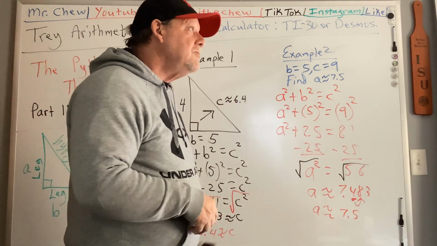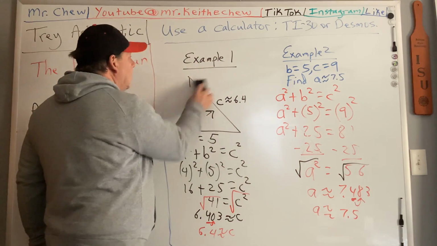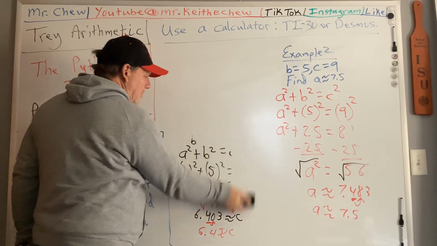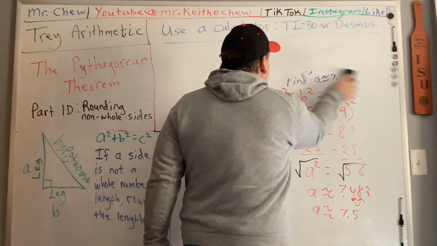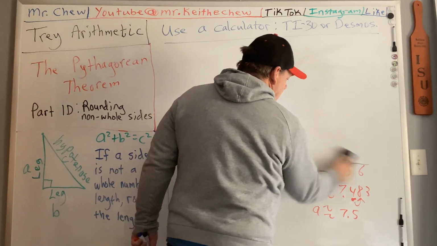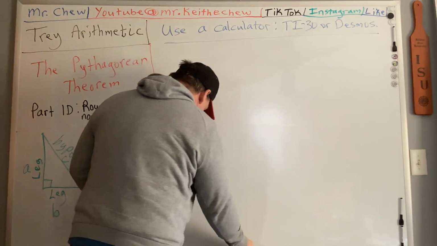So I'm going to challenge you to try a couple problems on your own. These would be student practice problems. We'll have 2 of them, and then there'll be a video that you can check and see if you did them right.